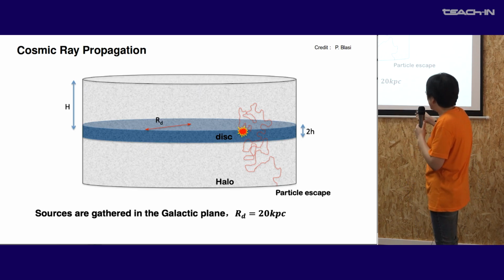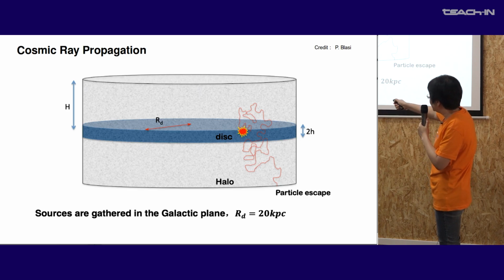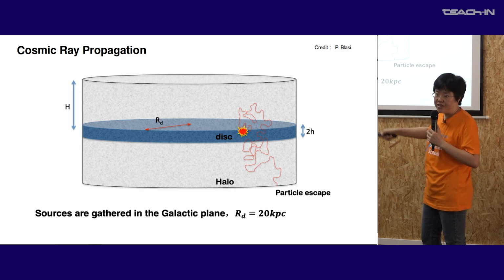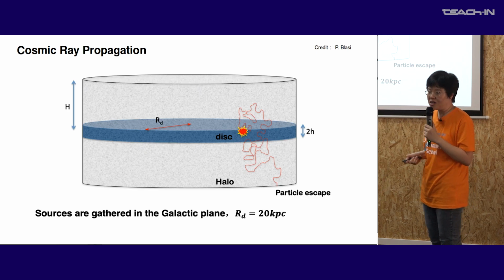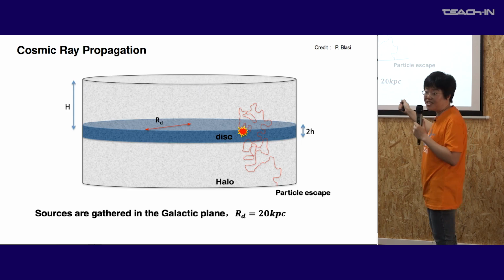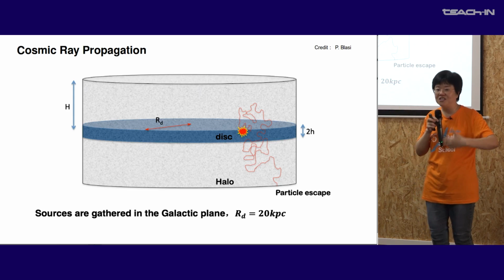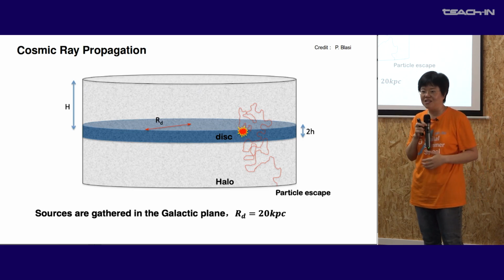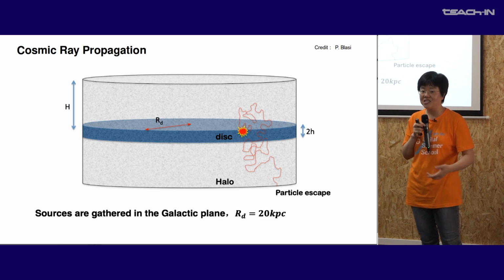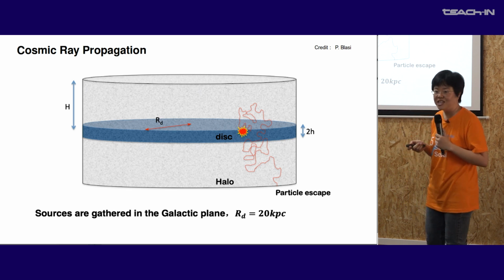When there is a supernova explosion, they emit the cosmic rays. All the charged particles will be confined in the disk. They will have all these kinds of processes, like what I showed you before: fragmentation, decay, interaction, and synchrotron radiation.